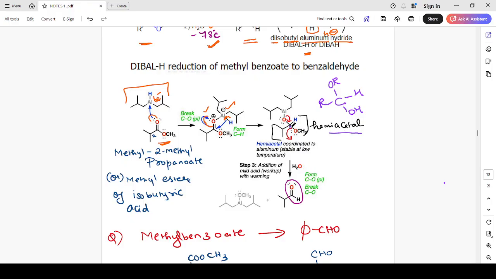Look at this carbon here: H, OR, hydrogen, and this whole group is some R. And this one that you're seeing right now is some O-aluminium species, which is very similar to an OH species. This is hemiacetal. You will be learning it in carbohydrate chemistry as acetals and hemiacetals.